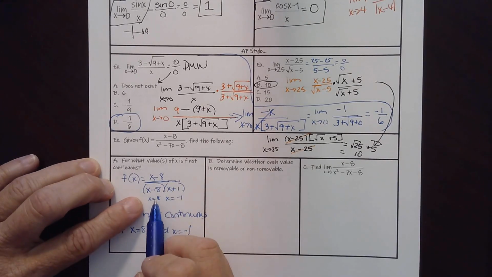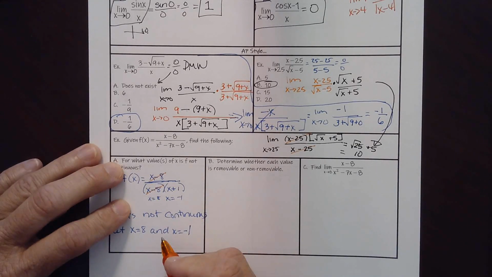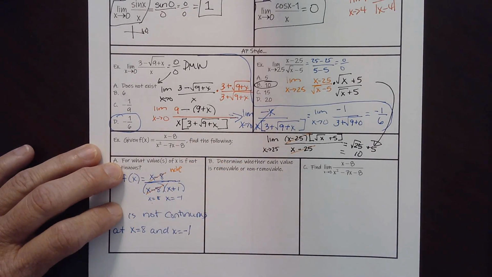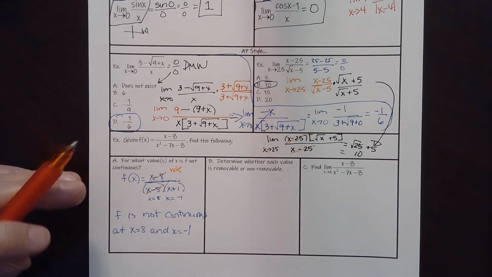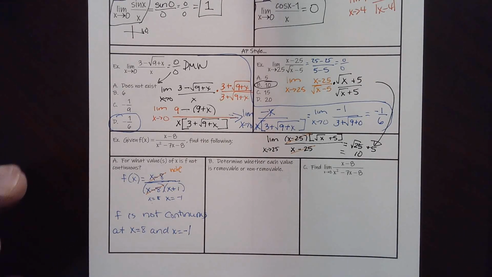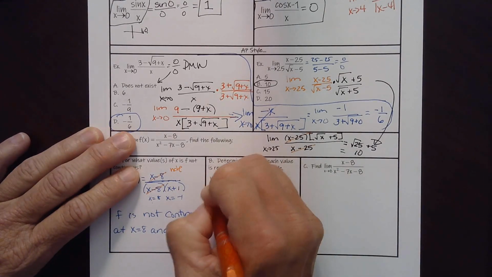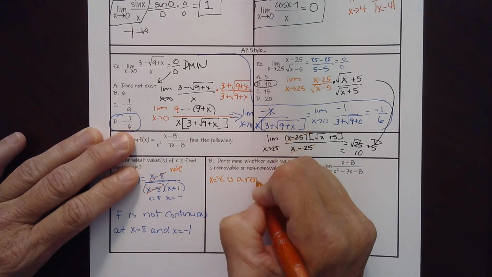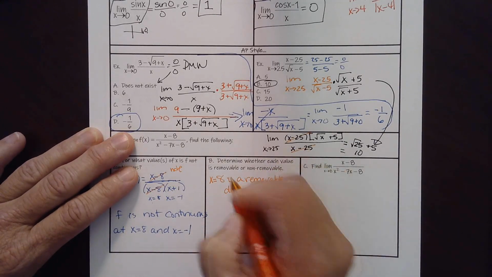So remember, if x minus 8 is a factor that cancels, that means that there is a hole at x equals 8. And a hole is removable because remember, it looks like somebody has reached up to the graph and plucked a hole or plucked a point out of the graph. So x equals 8 is a removable discontinuity.